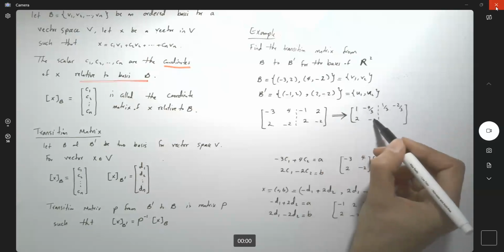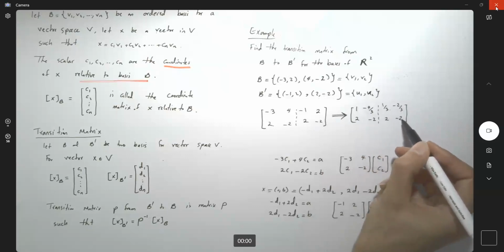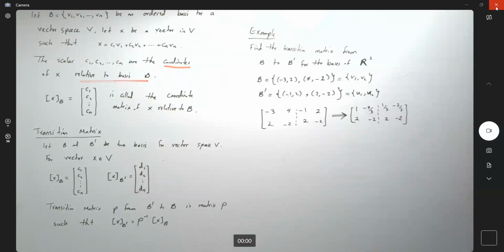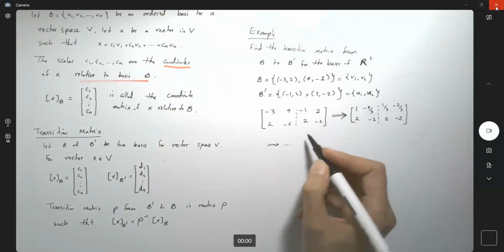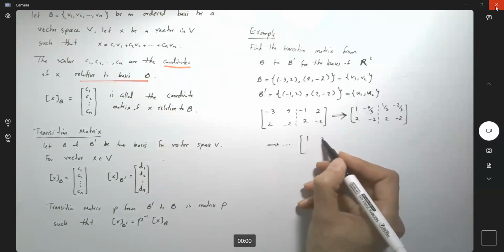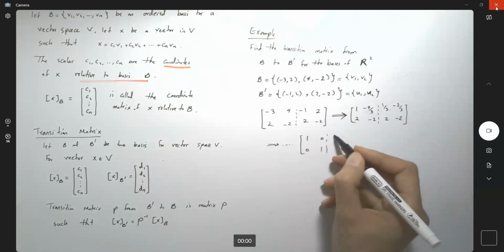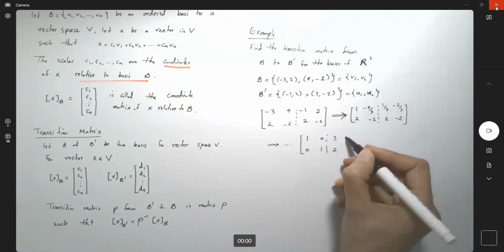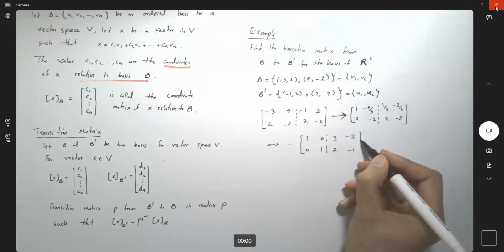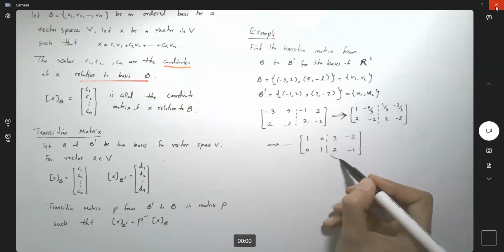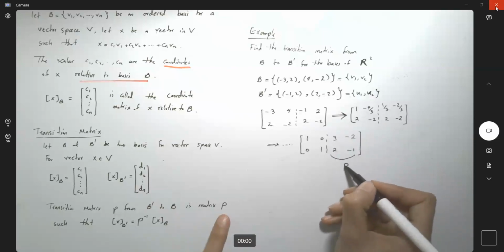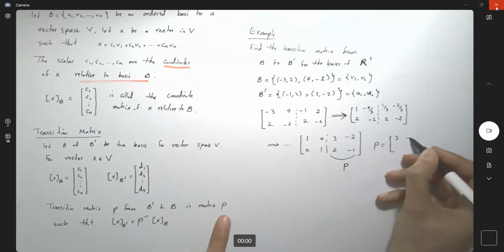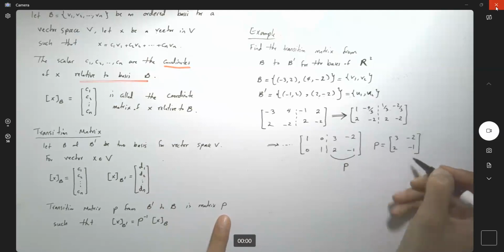Just do some algebra and convert these into the identity matrix on the left, and the elements on the right should be 3, 2, -2, and -1. This is matrix P. So the transition matrix is 3, -2, 2, and -1.